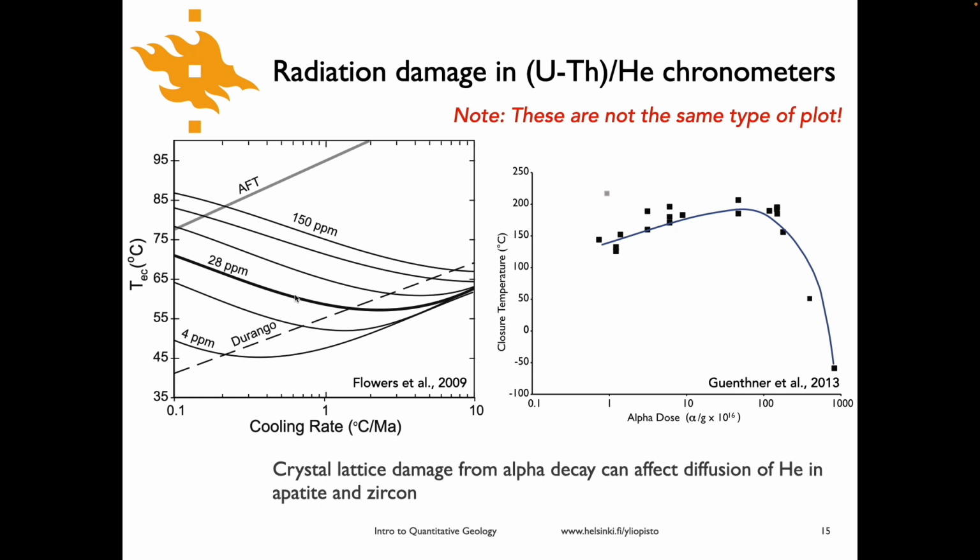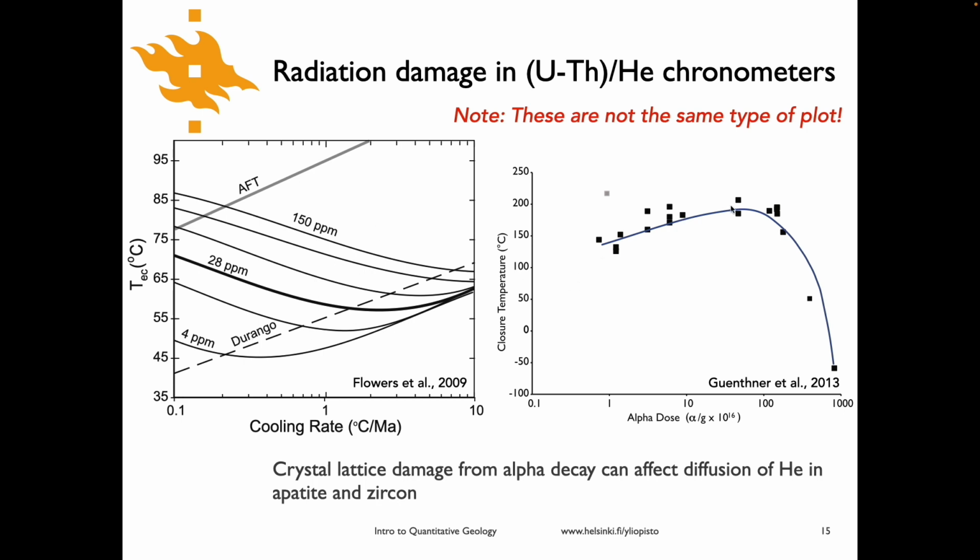So here you would normally expect that faster cooling means you're trapping more of the helium, but in this case you're seeing the opposite effect, until the cooling rate gets fast enough that it curves around and you start seeing that trend like what we saw before. And you can see that depending on the concentration of parent isotope, that effect will be bigger or smaller for apatite.